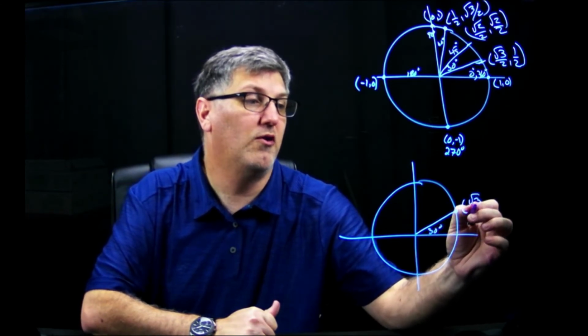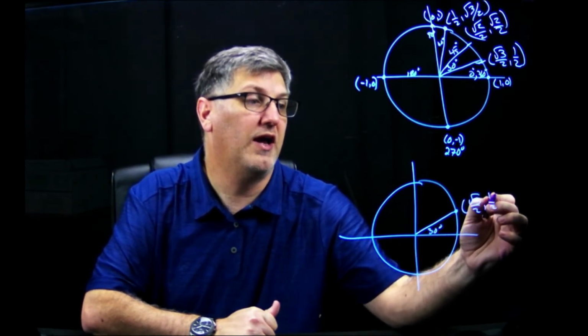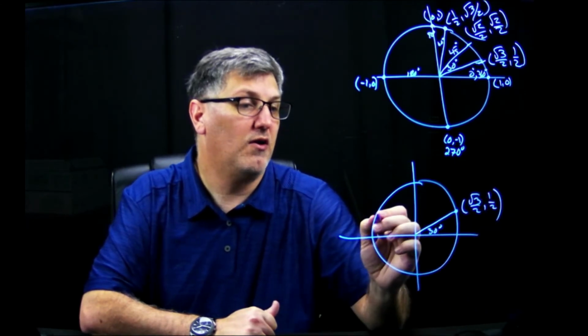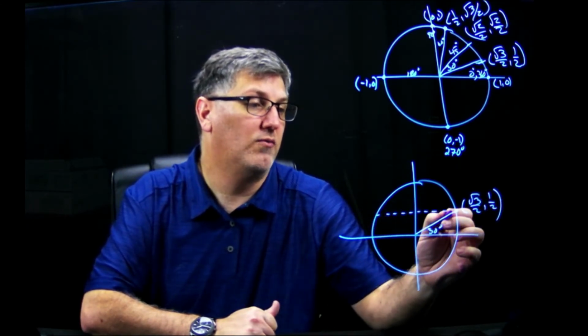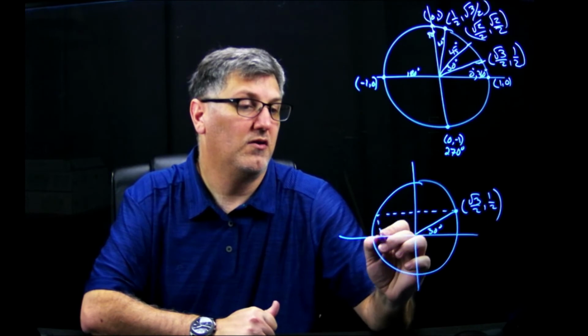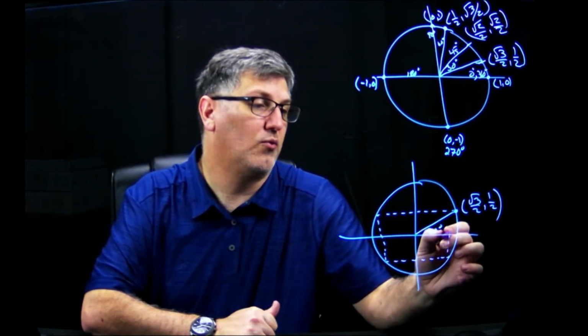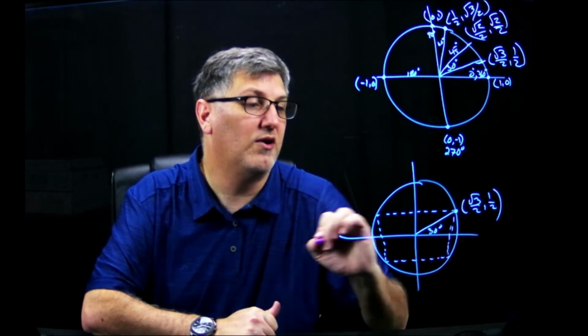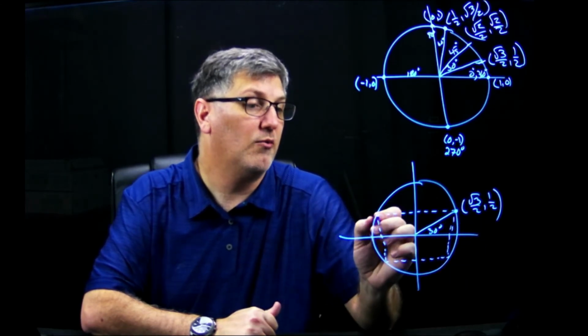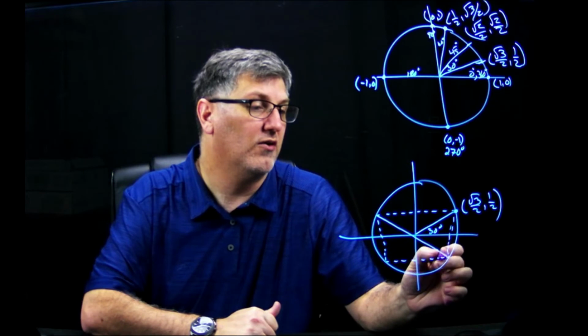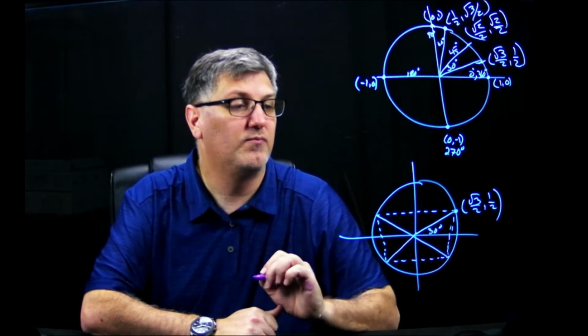I now know that this point is (square root of 3 over 2, 1/2). Now I'm going to inscribe a rectangle so we can figure out what these other points are. This is not drawn very well, but it is what it is. And I'm going to draw in some diagonals on my rectangle.